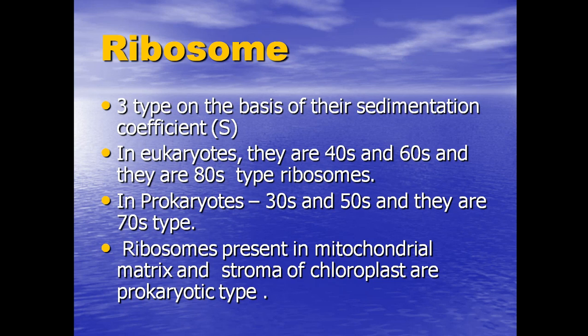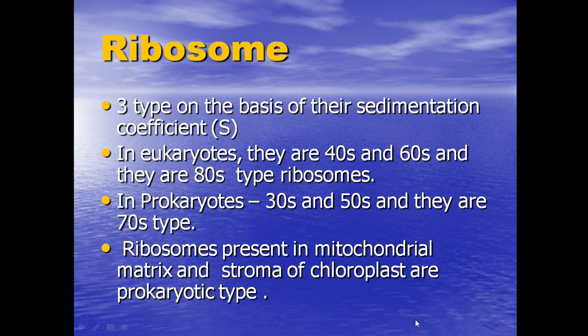In eukaryotes, one is 40S, where S stands for Svedberg unit, the smaller subunit, and the larger subunit is 60S. The entire ribosome, made of 40S and 60S, is called 80S in eukaryotes.